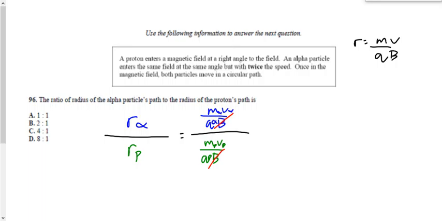It also tells me that the speed of the alpha particle is twice the speed of the proton. Watch what I'm going to do here. I'm going to replace the speed of the alpha particle with twice the speed of the proton. Is that okay to do that? It tells me that it's twice the speed, so why can't I set it equal to twice the speed? Now this cancels out. Simplifies it a little bit more.